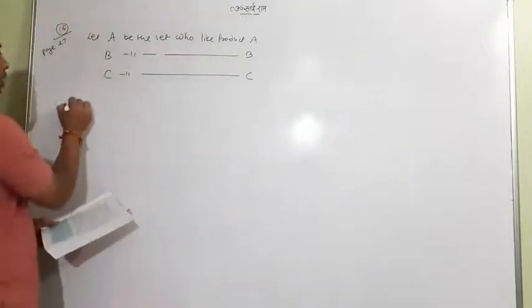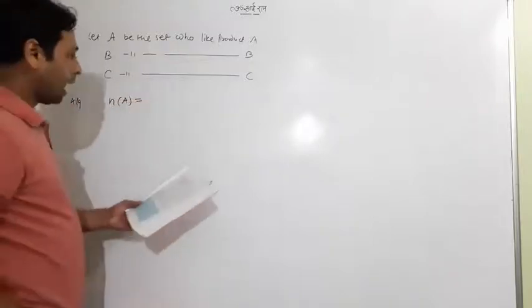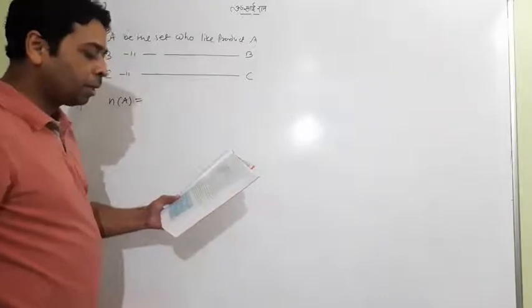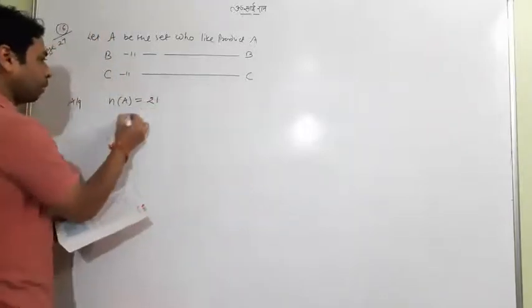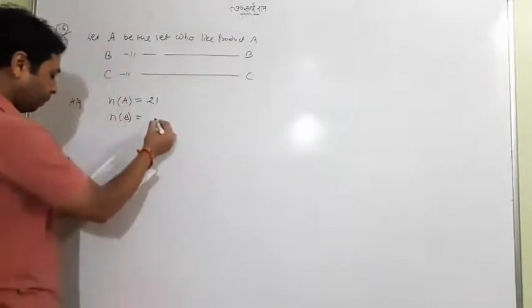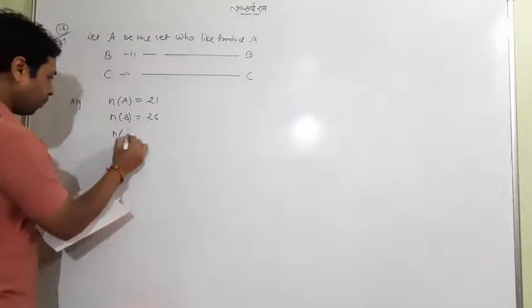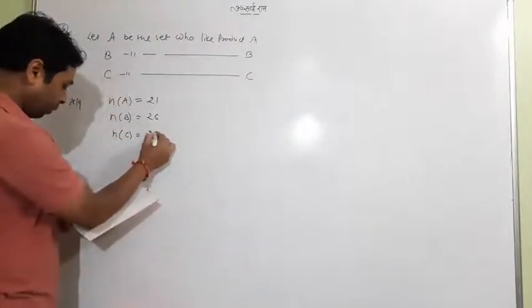What is given? N of A, the number of elements in A, meaning the number of people who like product A, is 21. N of B, the number of people who like product B, is 26. And the number of people who like product C is 29.